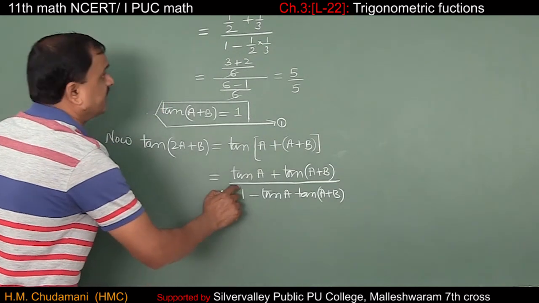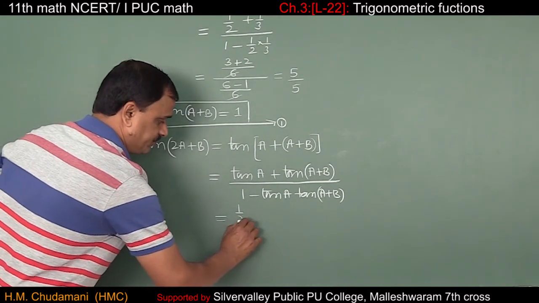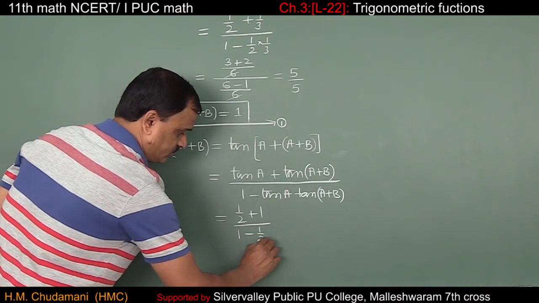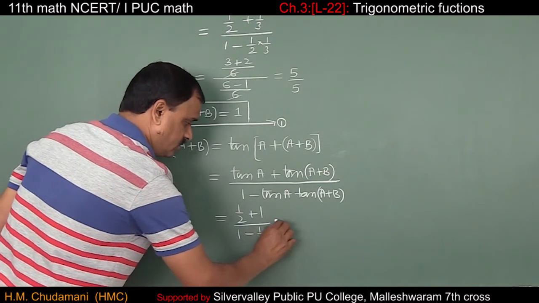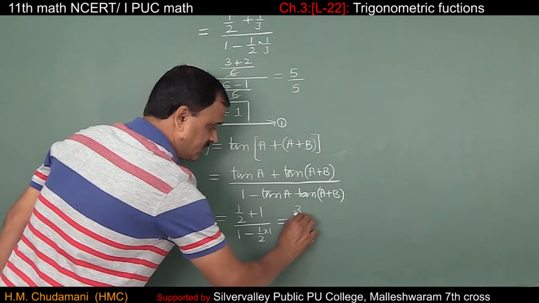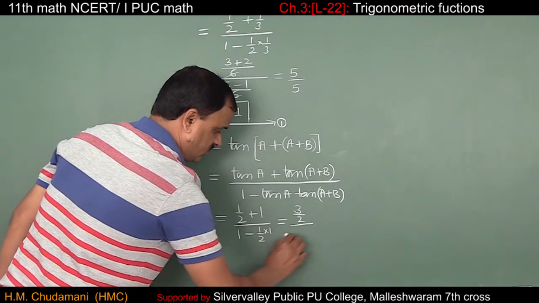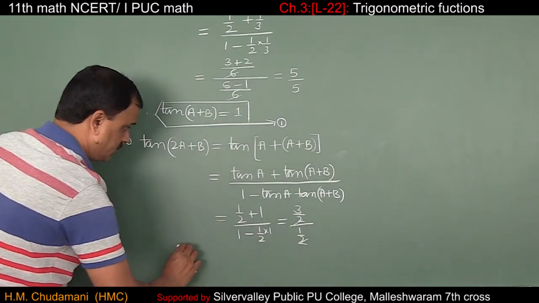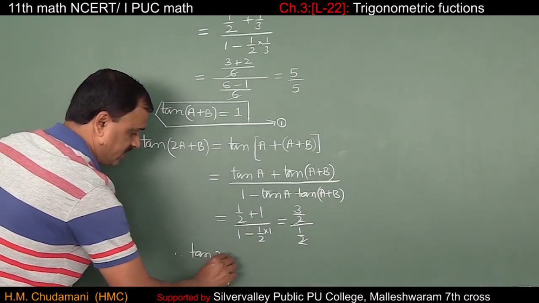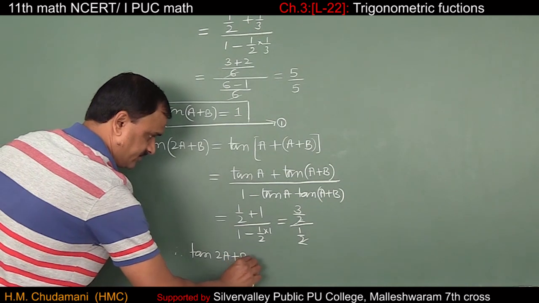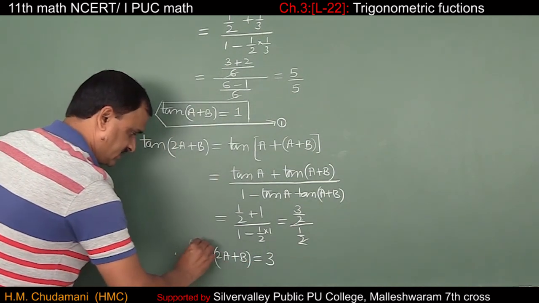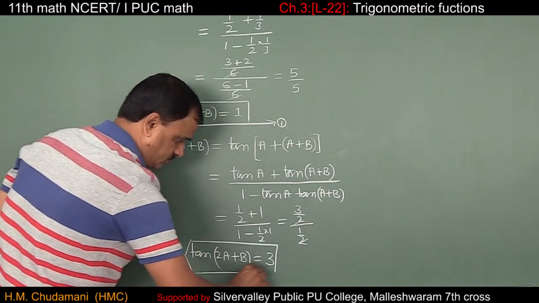So we know tan A as 1 by 2, plus 1, divided by 1 minus 1 by 2 into 1. 1 plus half is 1 and half, 3 by 2. 1 minus half is half. So therefore tan of 2A plus B is equal to 3.